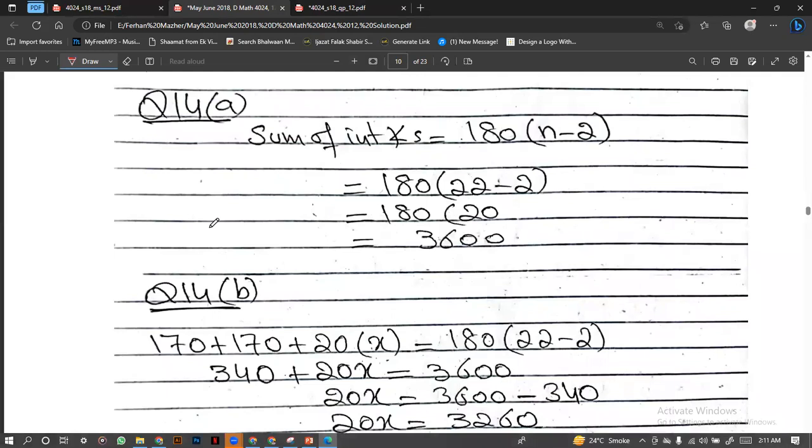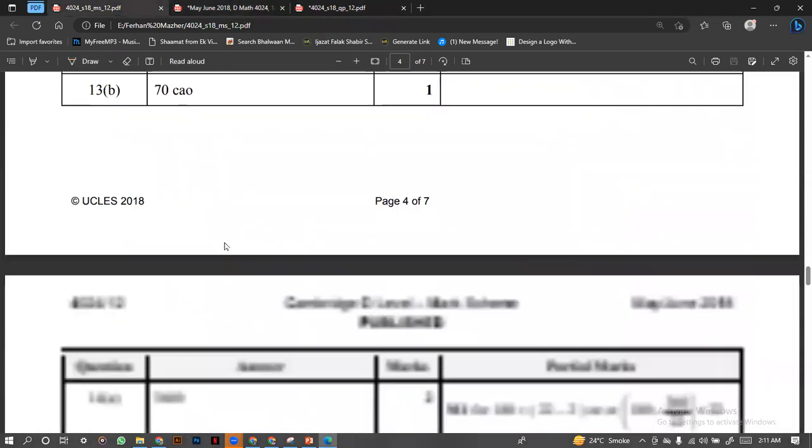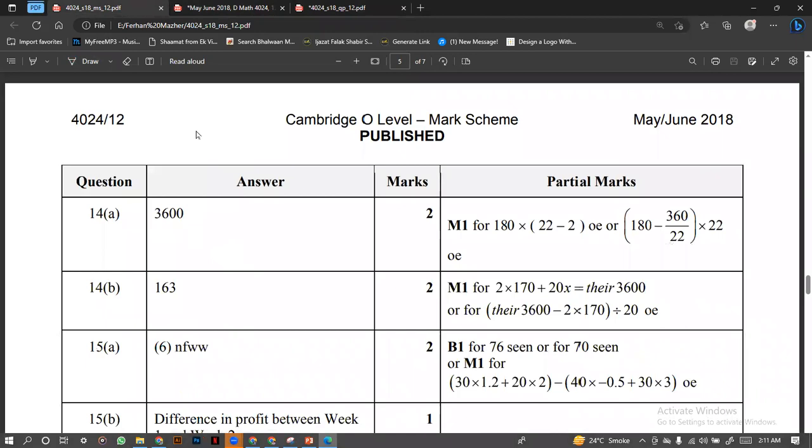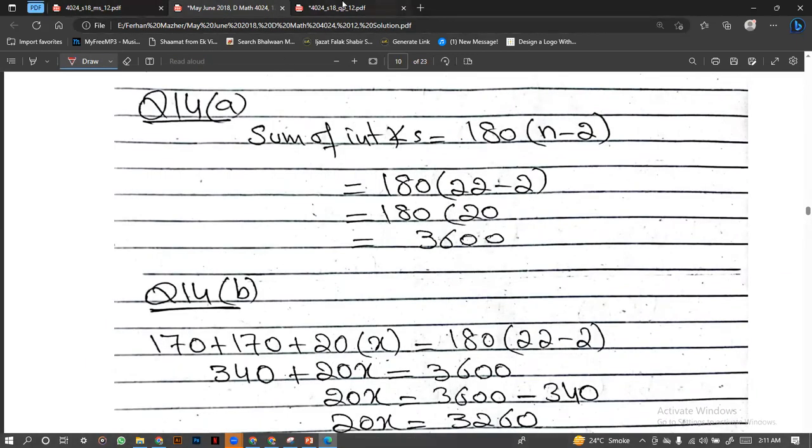Because the number of sides is 22, in the place of n, I will substitute 22. So 180 bracket 22 minus 2, so 180 into 20, and that will be 3600. So the sum of the internal angles will be 3600. Our answer is right. This is the solution.